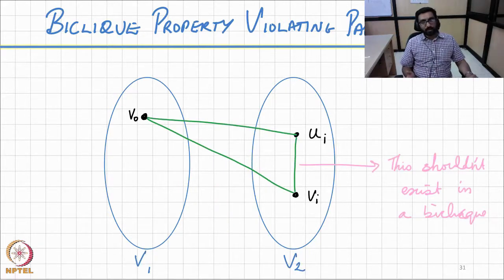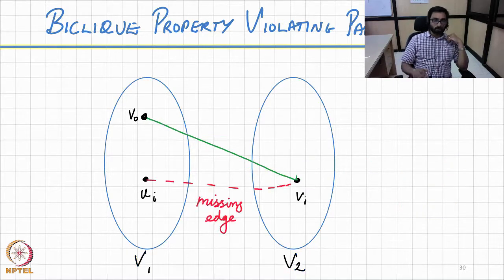And here's a third type of violation. ui and vi are both neighbors of v0 and therefore are in v2, but they end up having an edge between them. And that edge also shouldn't exist. And so there are these three types of violations that you can encounter. The first and the last type of violation that we saw are extra edges that need to be deleted in order to make the structure actually a biclique.